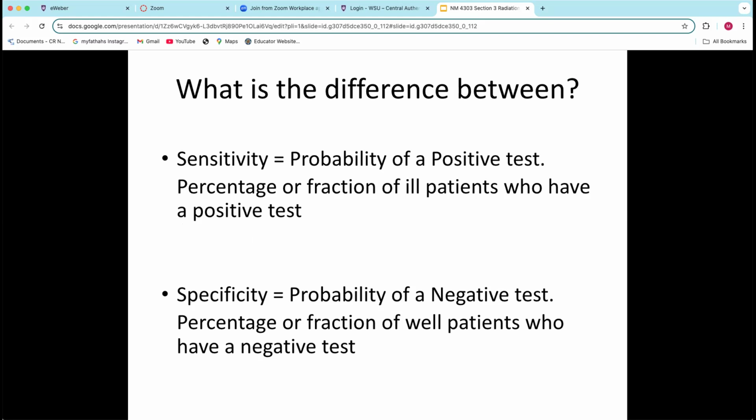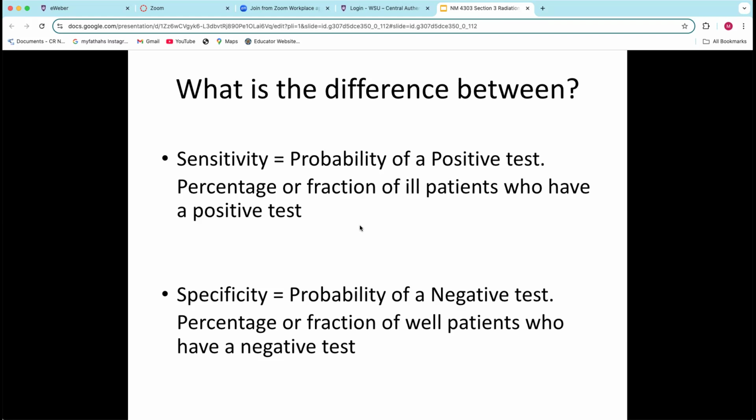I've heard cardiologists and radiologists talking about how sensitive or specific a test is. They're hard concepts to understand, but sensitivity is the probability of a positive test: the fraction of patients that are ill, they have the thing, and that test can show that they do have that thing. That's a sensitive test.